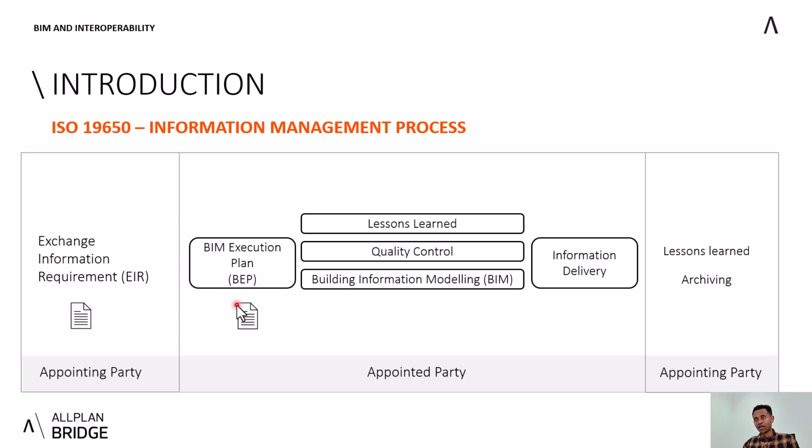This is after being appointed. Then they move on to the BIM modeling. Then they do the quality checks, controls and assurances on the models that they have made. And while you do the quality checks and controls, it makes much more sense to draw lessons from that, right?